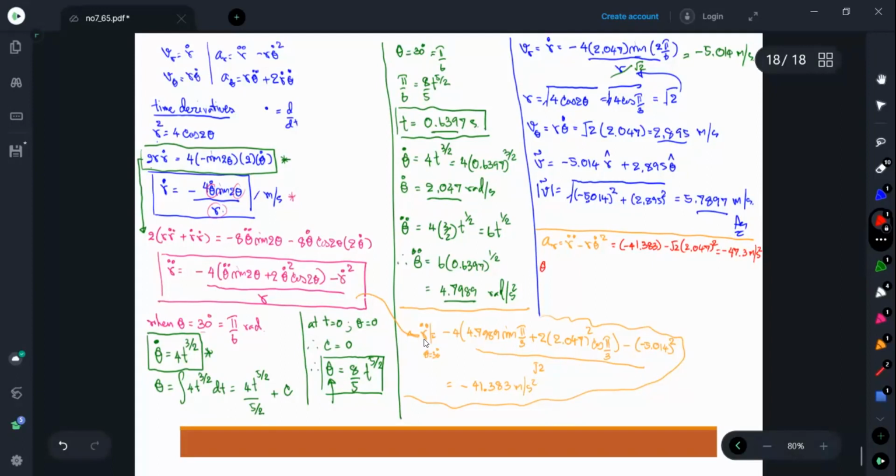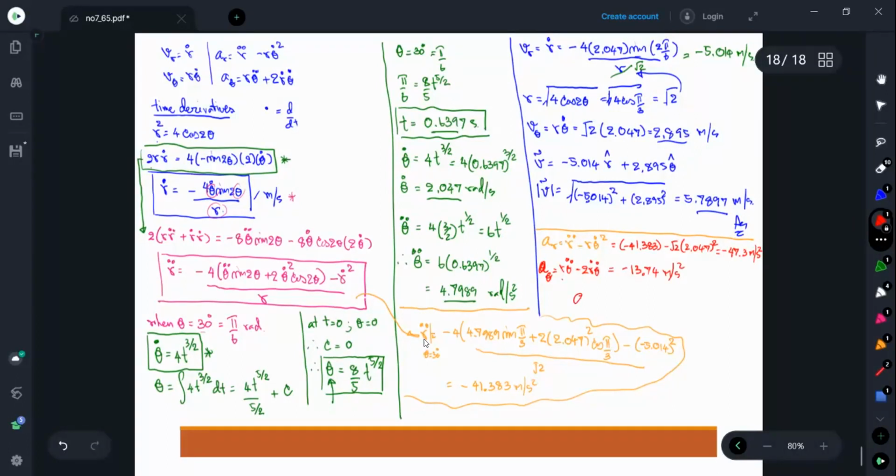Same manner for A theta. A theta is equal to r theta double dot minus 2 r dot theta dot. Substitute each term, which you already know, right? You may substitute by yourself. We obtain about minus 13.74 meter per second squared.